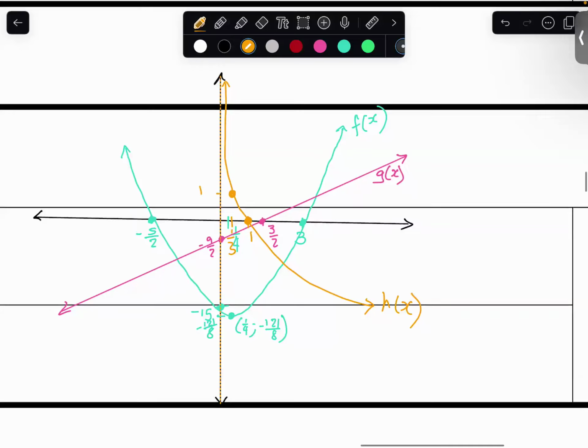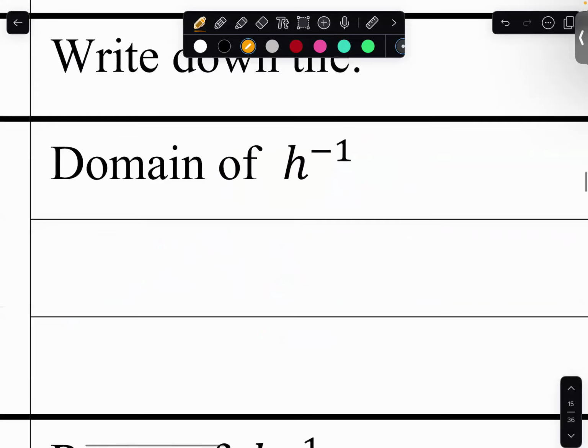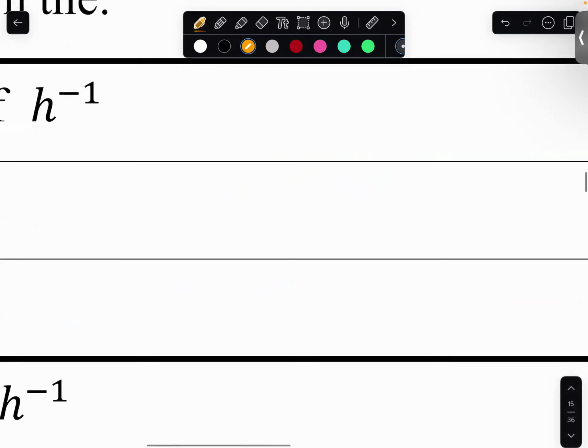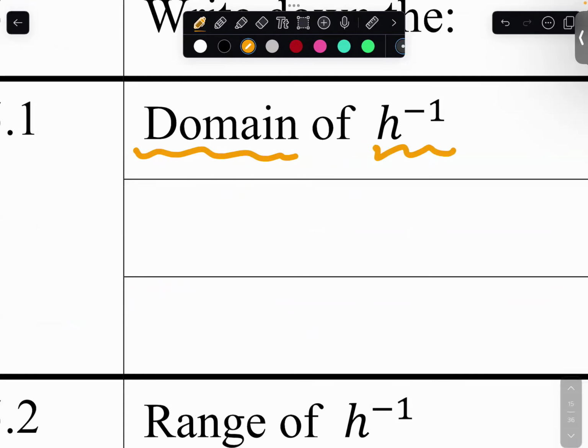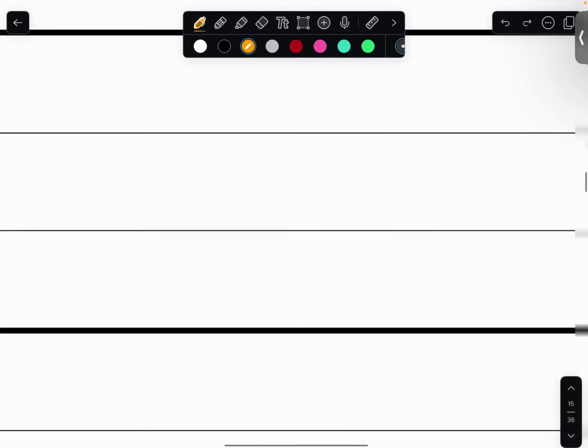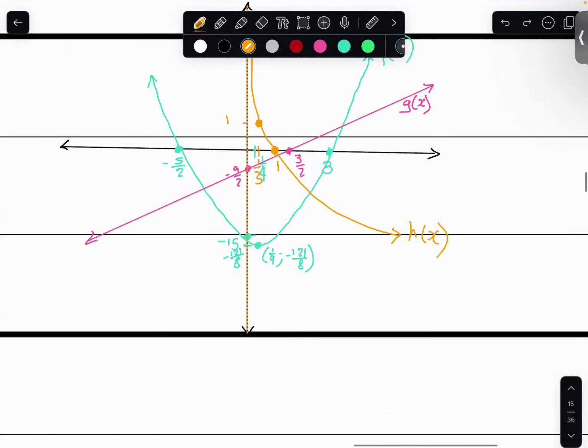Because this question is asking you for domain, right? So domain of the inverse of h. If you want the domain of the inverse of h and you just have h, ask yourself what is the range of h, and then automatically you'll have the domain of the inverse. Because remember, x's are swapped to y's, domain swaps to range, range swaps to domain for inverses.